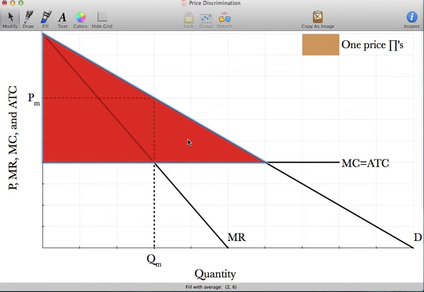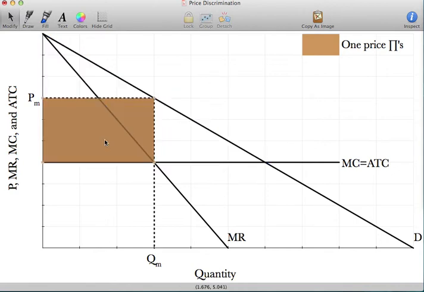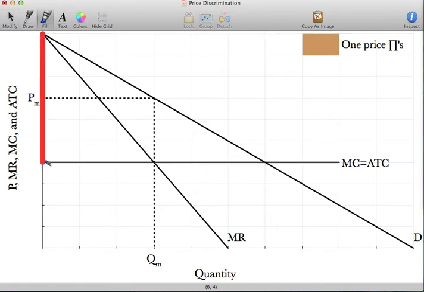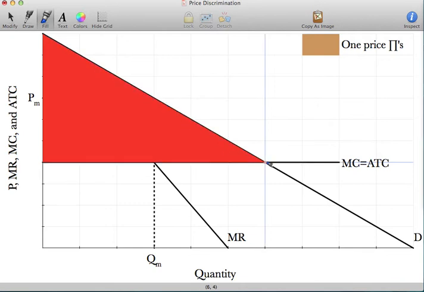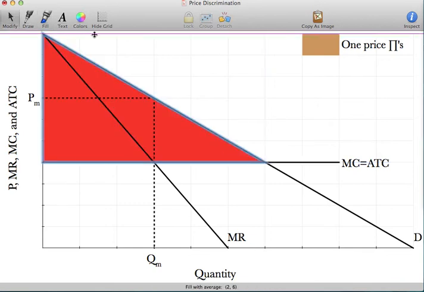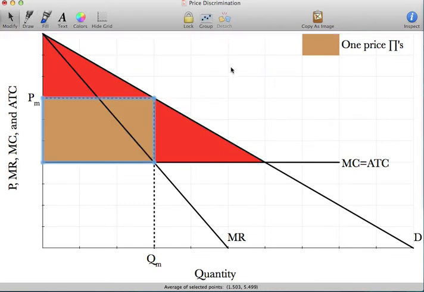All right, and let me actually delete that out and do this in a different order. All right, so let me copy that and then delete it. So this area here in red is the area of profits for price discrimination, and that area there is the area of profits when the monopolist charges one price.